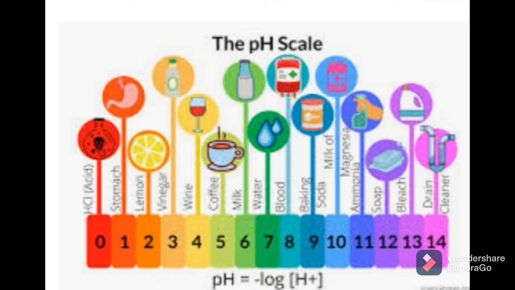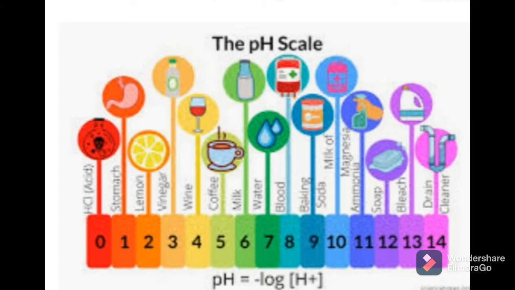But students, all these indicators are used only to identify whether the given solution is acidic or basic. We cannot find out the strength of the given acid or base by using these indicators. Means we cannot identify whether the given acid or base is strong or weak.